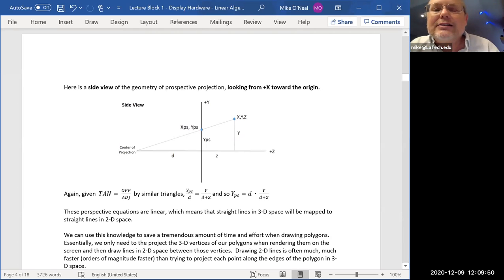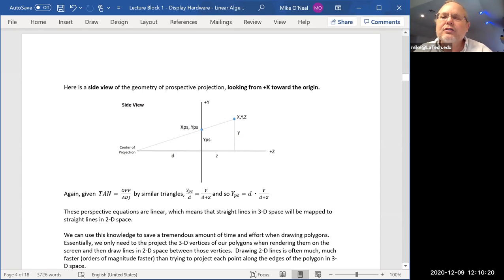I like the left-hand system because bigger z values are further away. There's an alternate system called a right-hand side system. In the right-hand side system, the z points towards you, so bigger z is closer. And that just seems weird to me. As things move further away, as the z gets bigger, I like my objects to move further away.